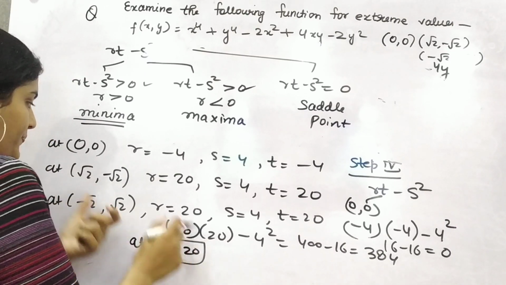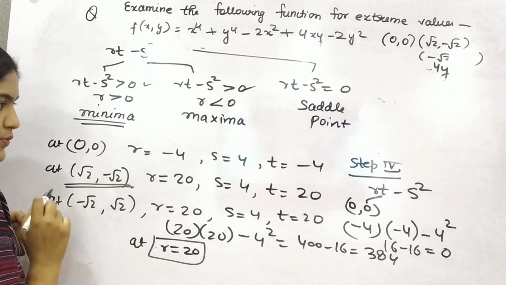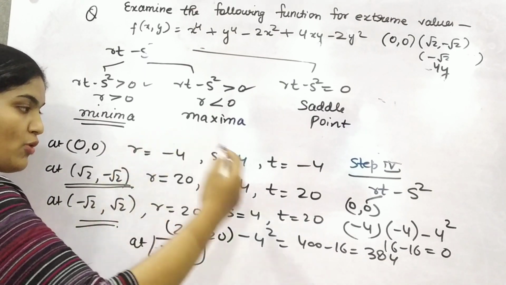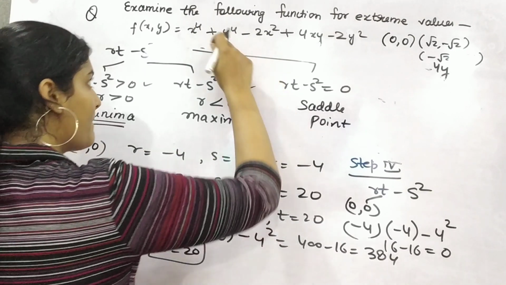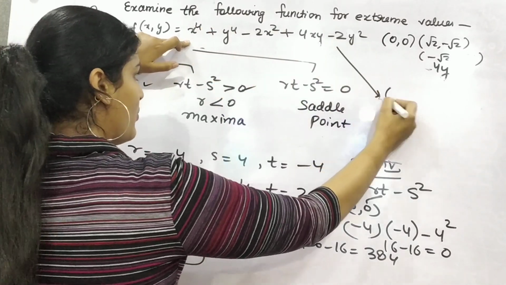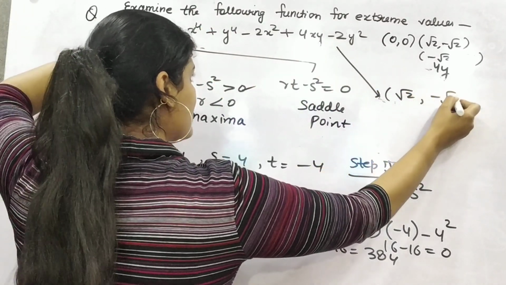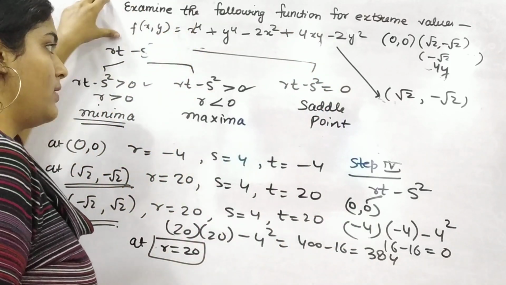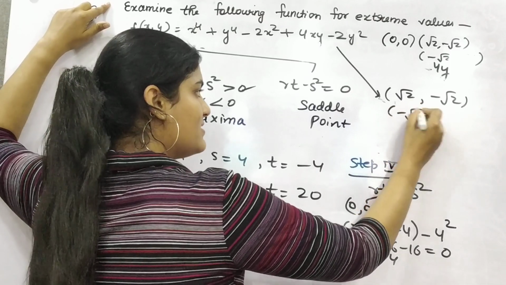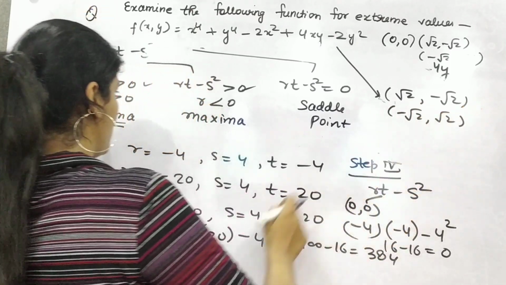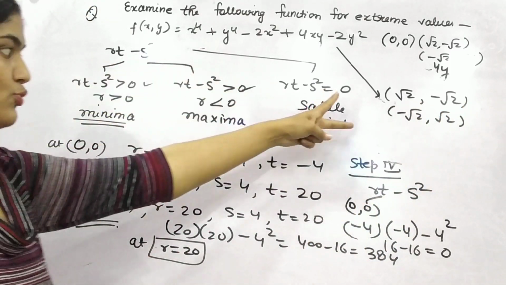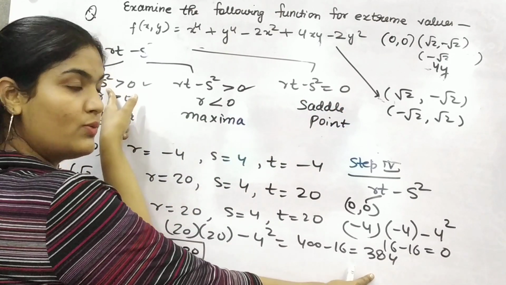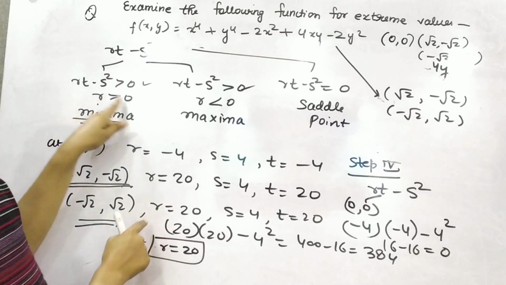So these are your values for X and Y. Your minimum value of the function will be found by putting X as root 2 and Y as minus root 2 in this function, and finding the values of F for this point as well as this point, because these two are showing minima. For these 2 points, your RT minus S square is greater than 0 and your R is greater than 0.